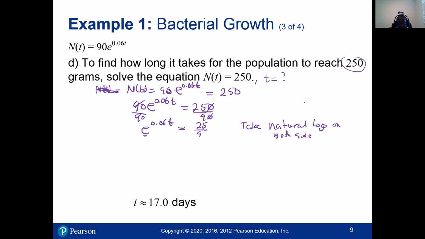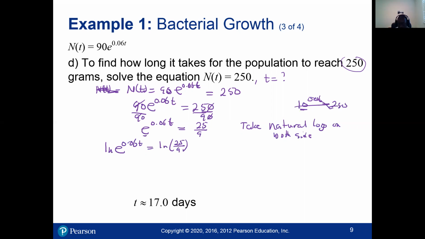If I had 10 raised to 0.06 t equal to 250, in that case I would take the common log on both sides. So take note of that. We take the natural log of e raised to 0.06 t, equal to the natural log of 25 over 9, or 250 over 90.